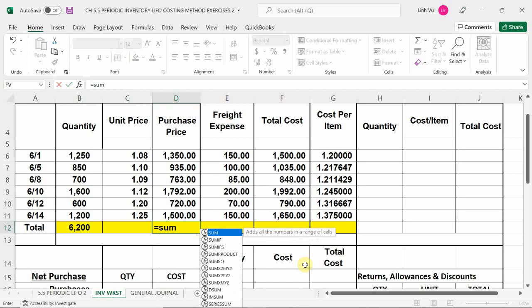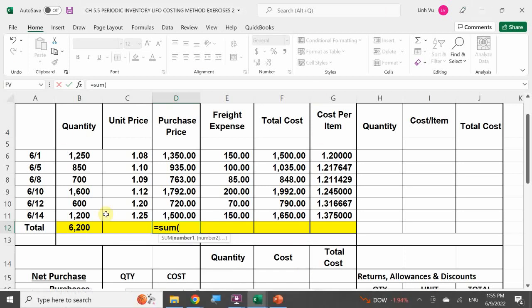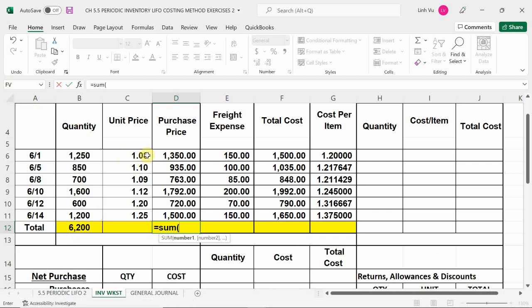Okay. What about my total purchases? How much in grand total was my total purchases? What's my total purchase price here?